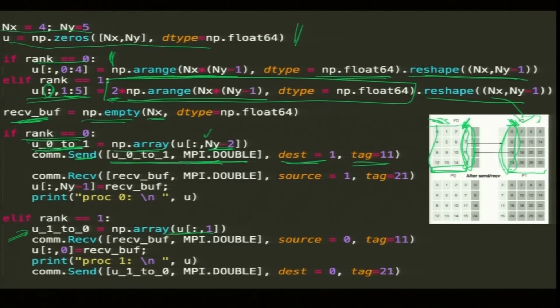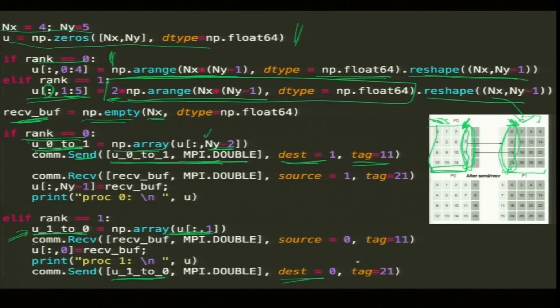So, this is in our terms column 2, but Python will say column 1, because column 0 is the first column. So, this Python column 1 is stored in u1 to 0, and it will want to send it to rank 0.